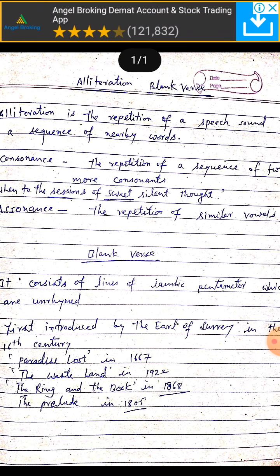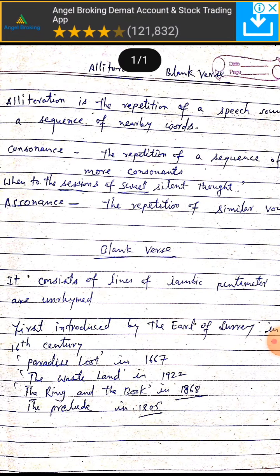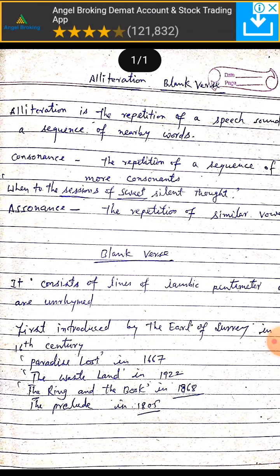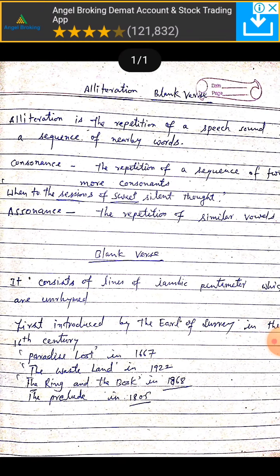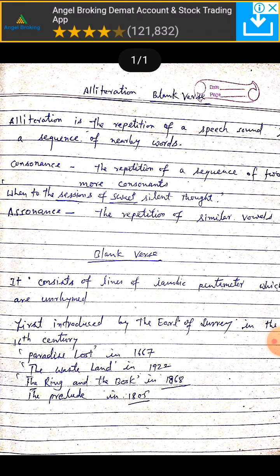First time it was used by the Earl of Surrey, namely Henry Howard, in the 16th century. He introduced it. Later on, it was used by John Milton in Paradise Lost in 1667.